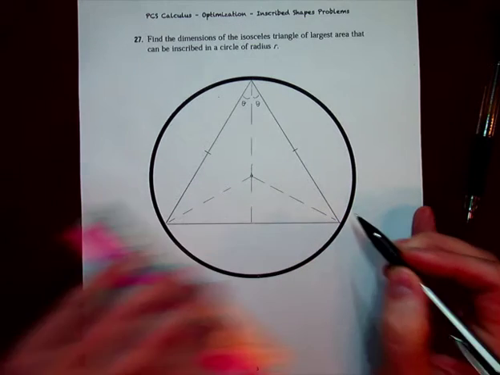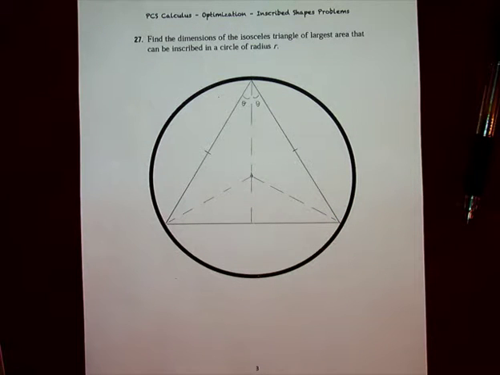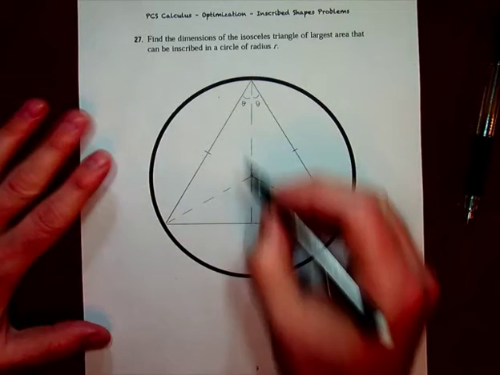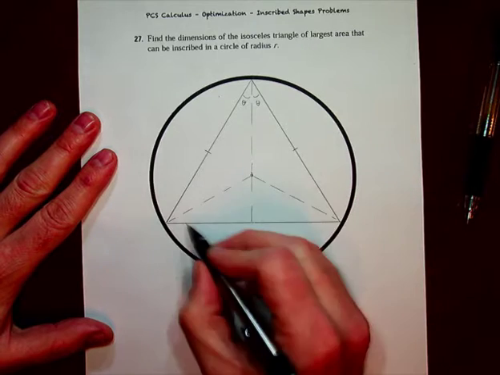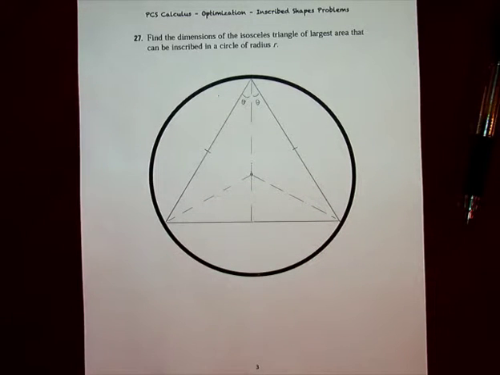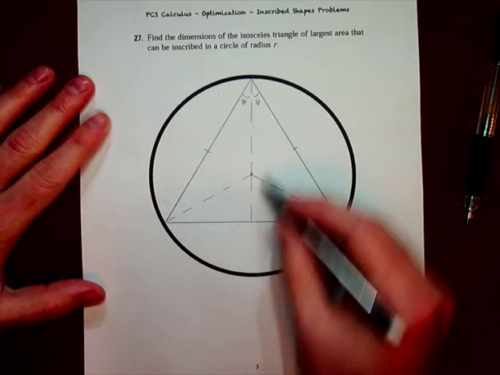Now, there are 3 ways to actually find the area of this. I could find the area of these 3 triangles within the triangle and use that. I could use Heron's area formula, but what I want to do instead is let's do the 3 independent ones.